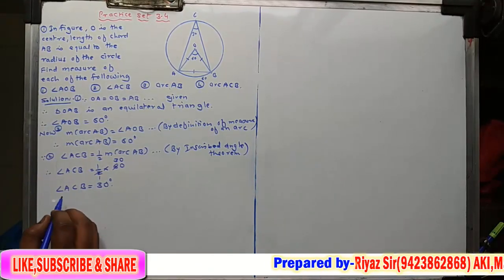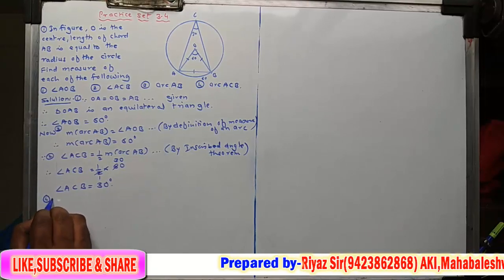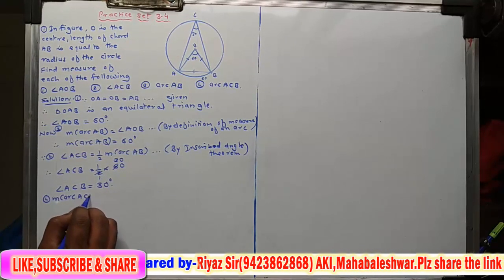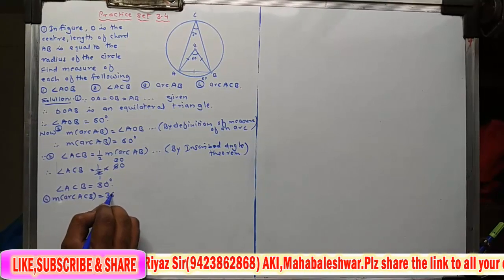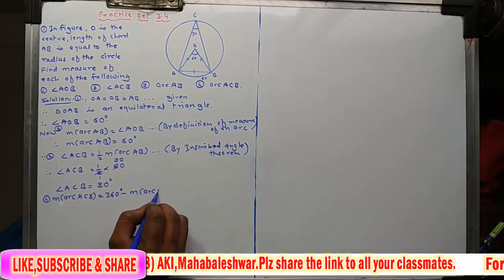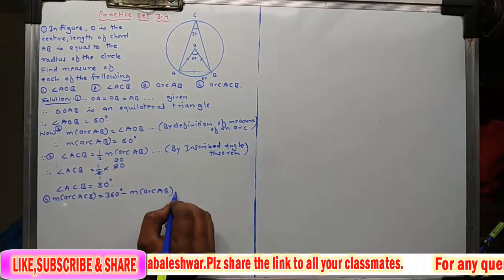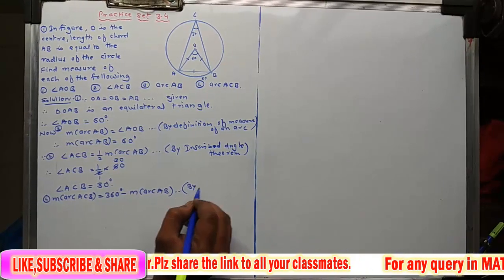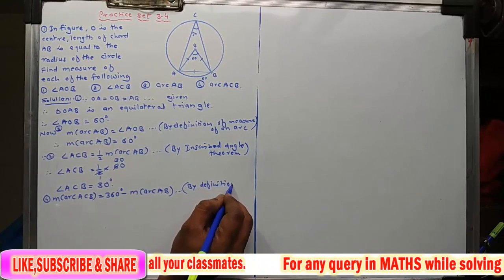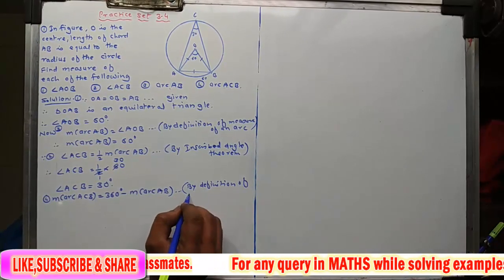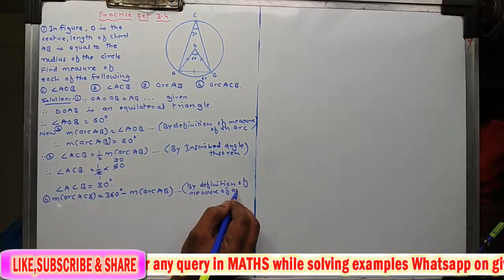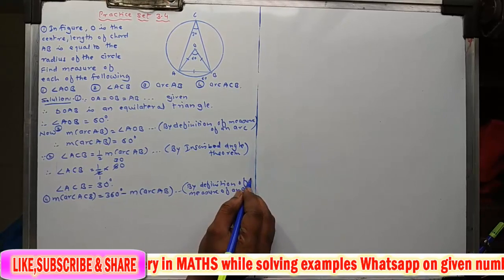Now the last one, the fourth one, measure of arc ACB is equal to 360 degrees minus measure of arc AB. This is by the definition of measure of an arc, or you can write major arc.